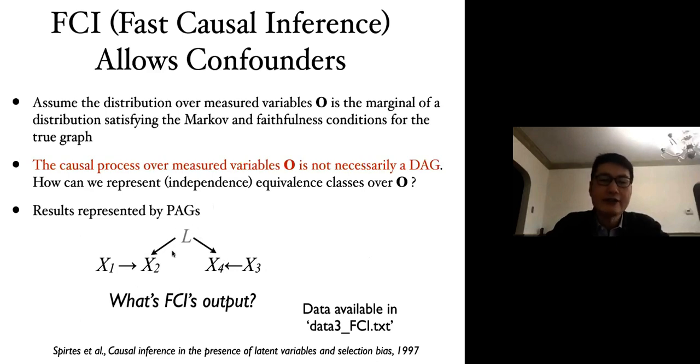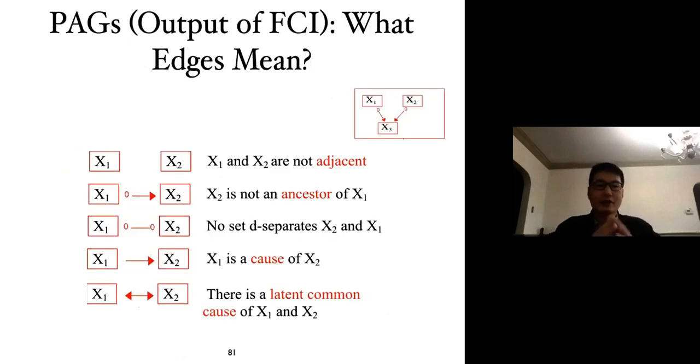But if error is hidden and you only observe 4 random variables, the causal process over the 4 random variables, the Xi's, cannot be represented by a regular DAG. What can we do? We have to use another thing called the PAG, partial ancestral graph, to represent the output of FCI. And clearly this is more complex than a pattern.